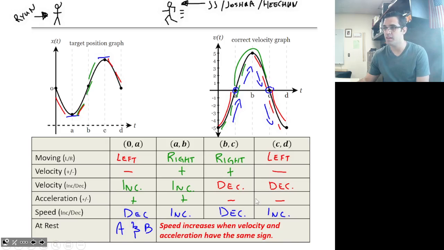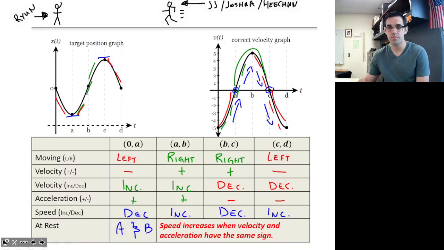Okay, so speed, there it is again. Remember, speed is the absolute value of the velocity. So basically from the graph, whenever our velocity is moving towards the x-axis, like it is from 0 to A, and from B to C, moving towards the x-axis, note the blue arrows are pointing towards the x-axis, that means our speed is getting closer to 0, which is decreasing.